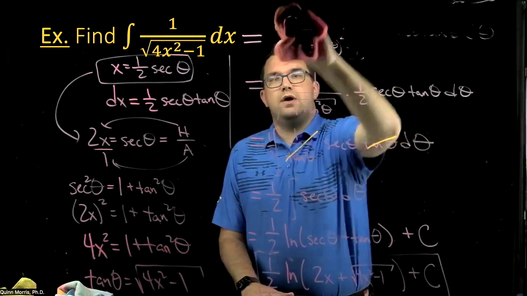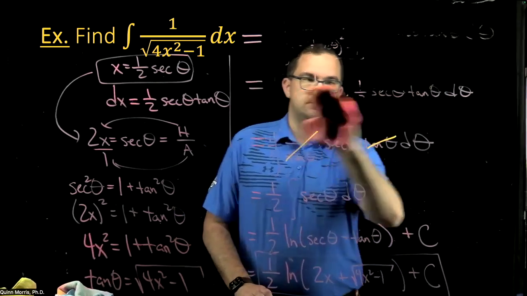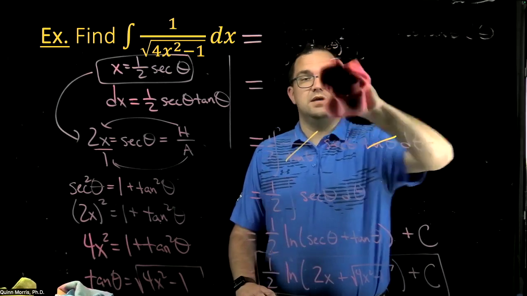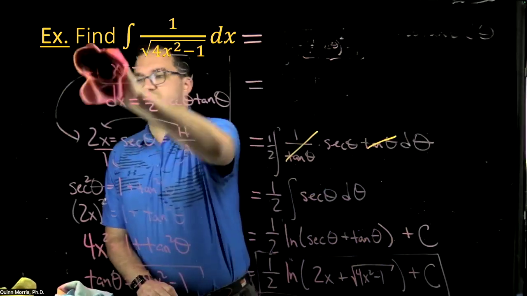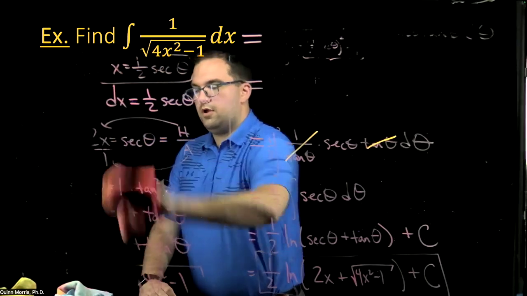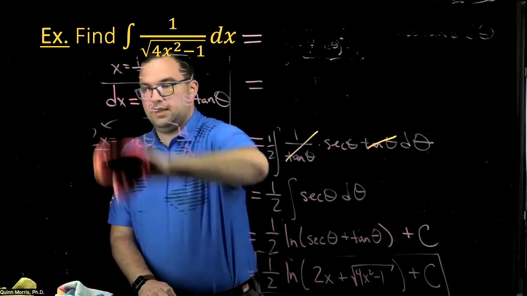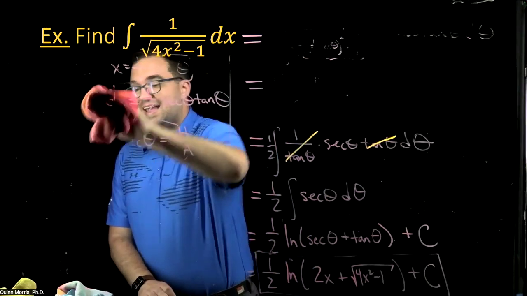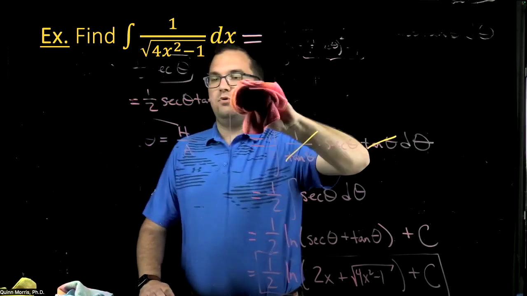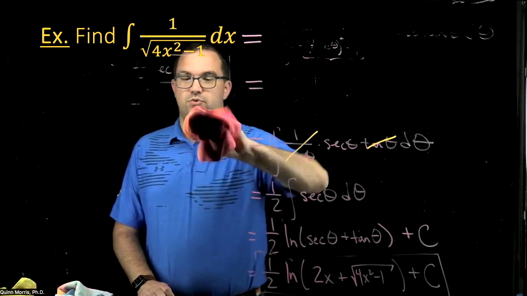All right, so in the past 3 examples, we've seen 3 different types of substitutions. We've seen first, actually a couple examples of a sine substitution, and that sine substitution helped us out when I had some number minus something like an x squared. We've then seen a tangent substitution, which helps me out when I have some number plus something like an x squared.